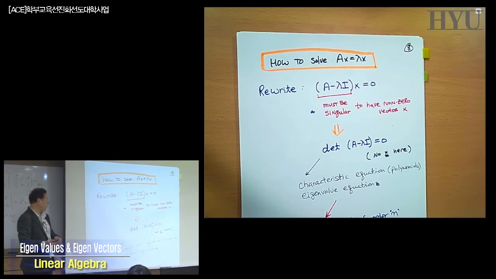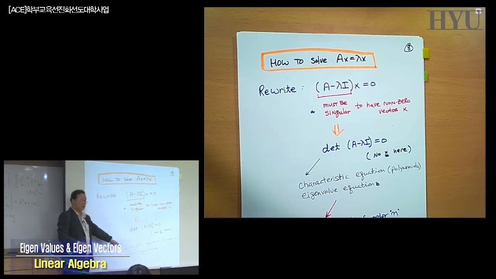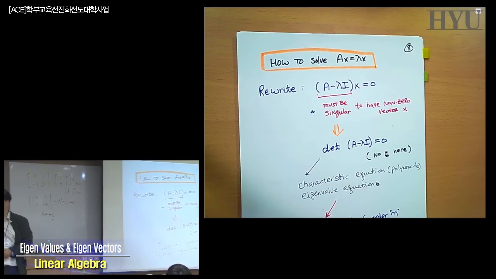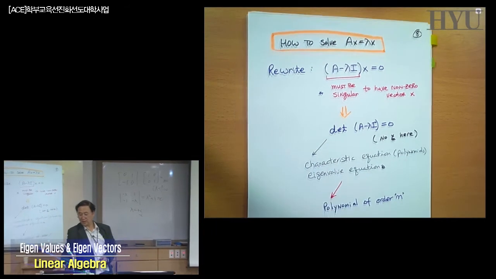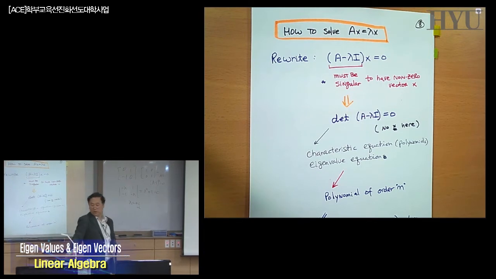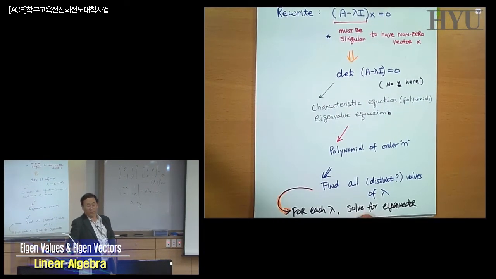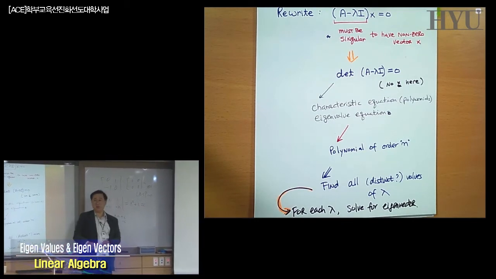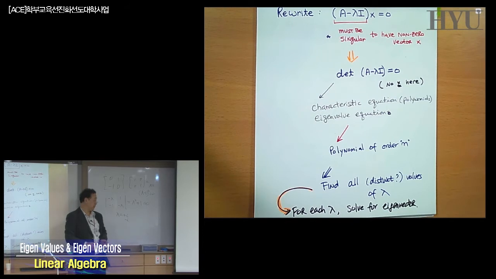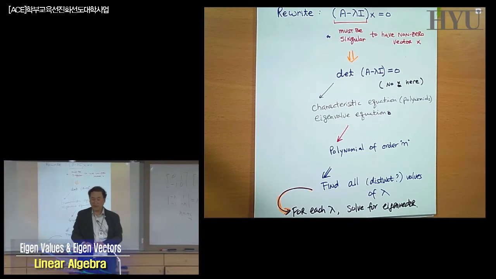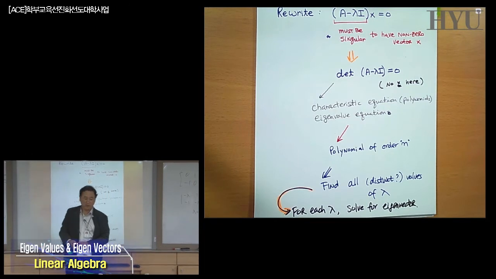So we call this the characteristic equation or characteristic polynomial. Basically, it's the determinant of A minus lambda I. When you formulate it, it will be a polynomial of order n in the case of an n by n matrix, right? Then we solve it, and we can find all values of lambda.